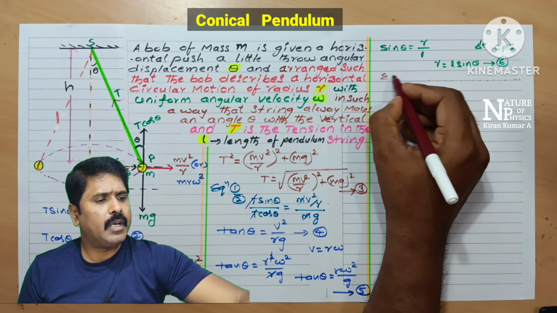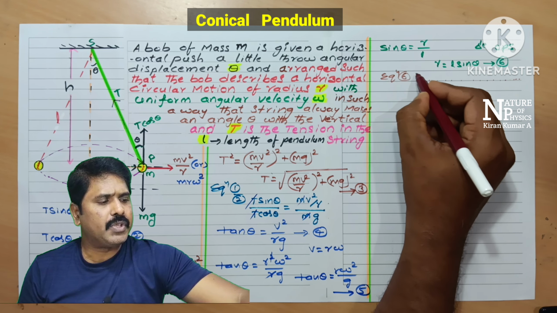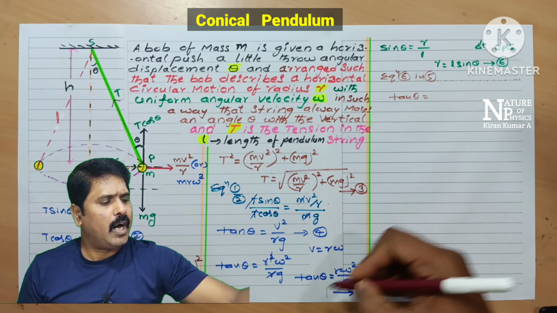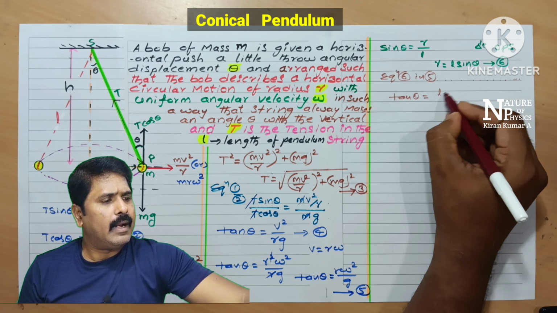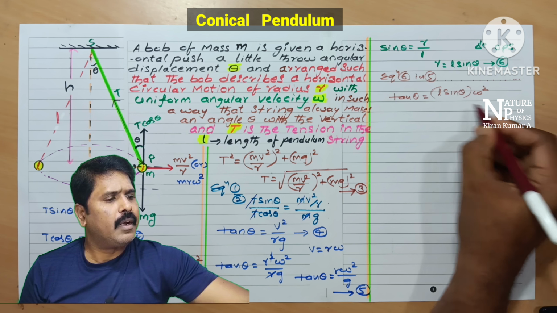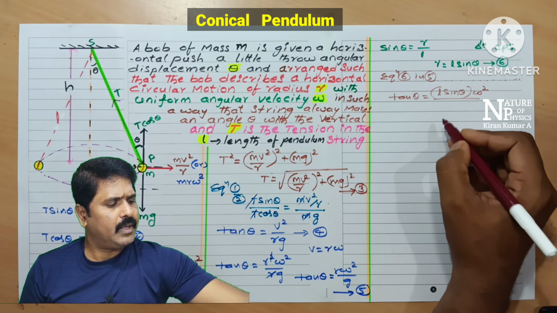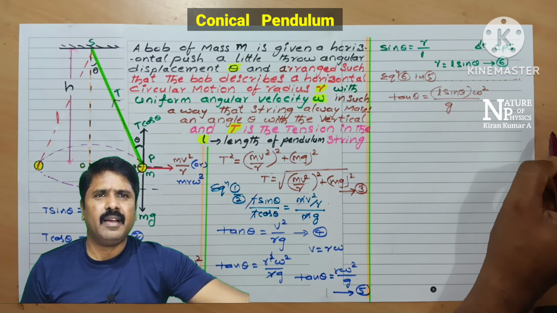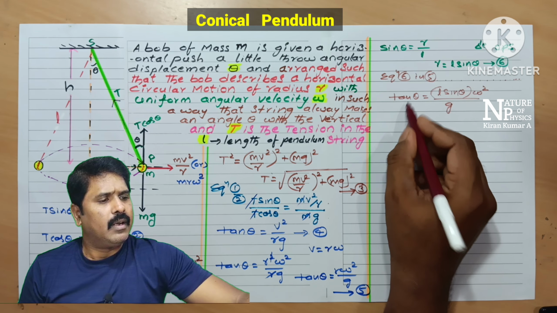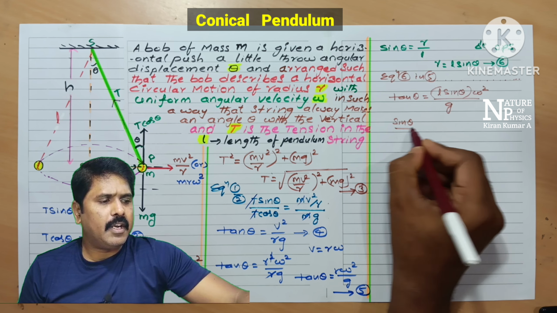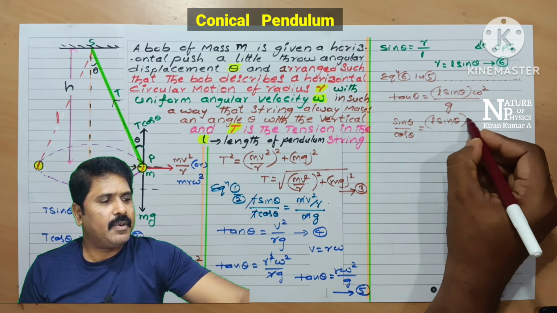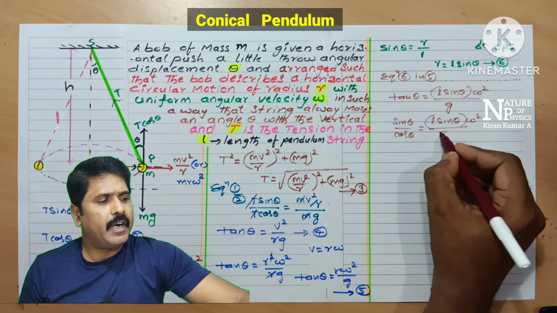Putting equation number 6 in equation number 5, tan theta is equal to r value, which is L sine theta, into omega square divided by g, student. Continuing, we can write tan theta as sin theta by cos theta, which is equal to L sin theta into omega square divided by g.